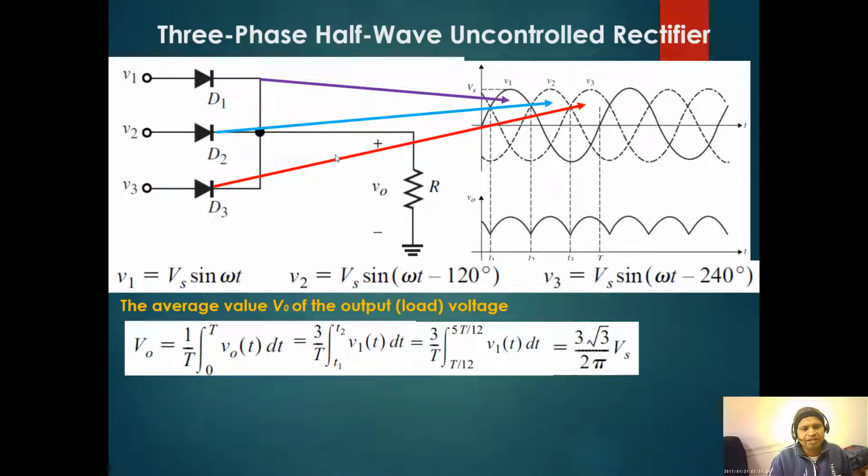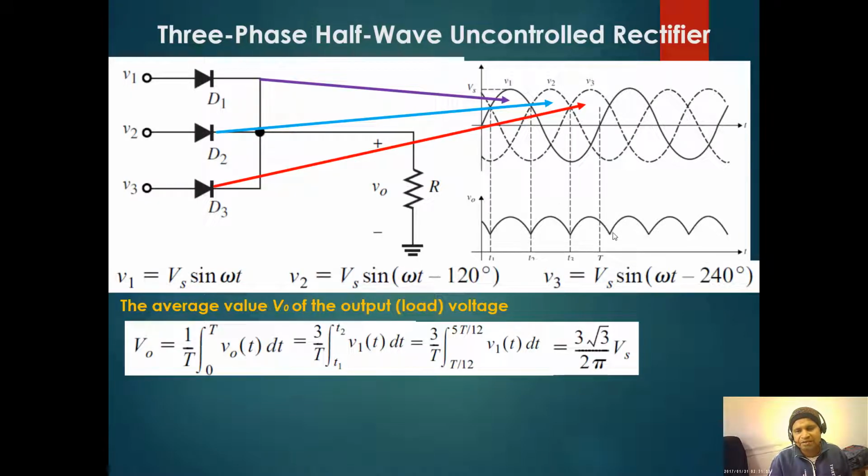And as soon as you find there is also D2 at this point. So V2 is higher after 150 degrees. You will see that D2 will conduct at this point, and then D3 will conduct during this period.